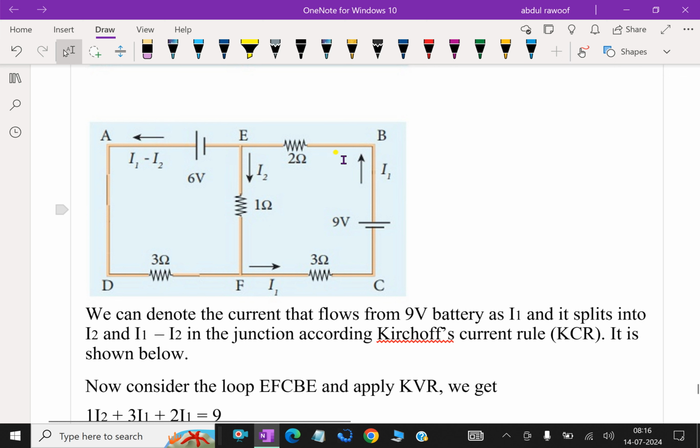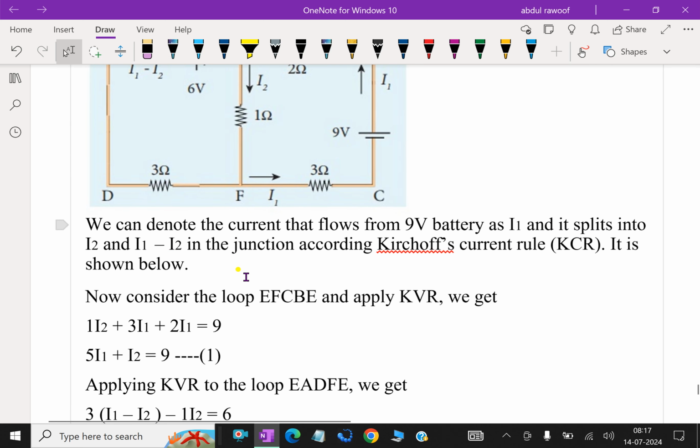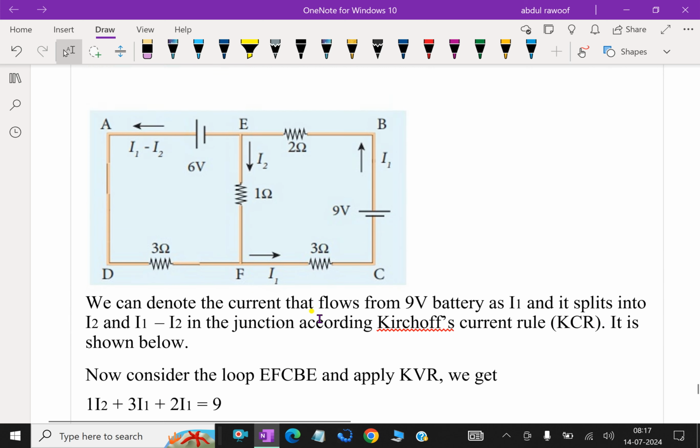In parallel, the current splits into I2 and I1 minus I2, and the two currents flow in these directions. In the junction, according to Kirchhoff's current rule, it is shown below. Now consider the loop EFCBE.